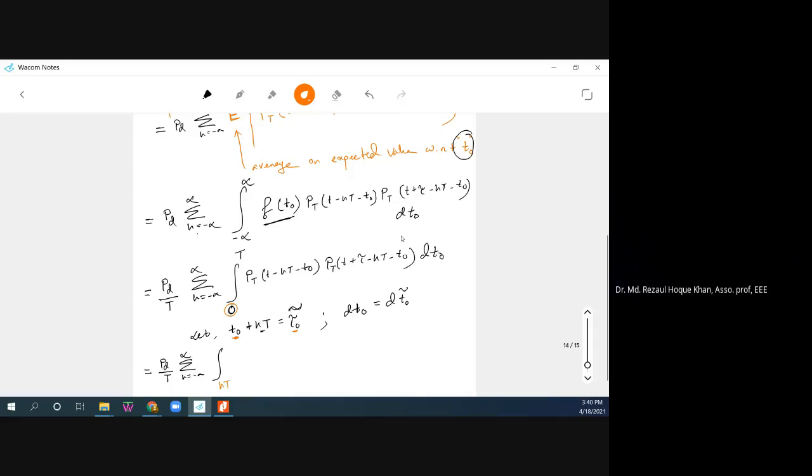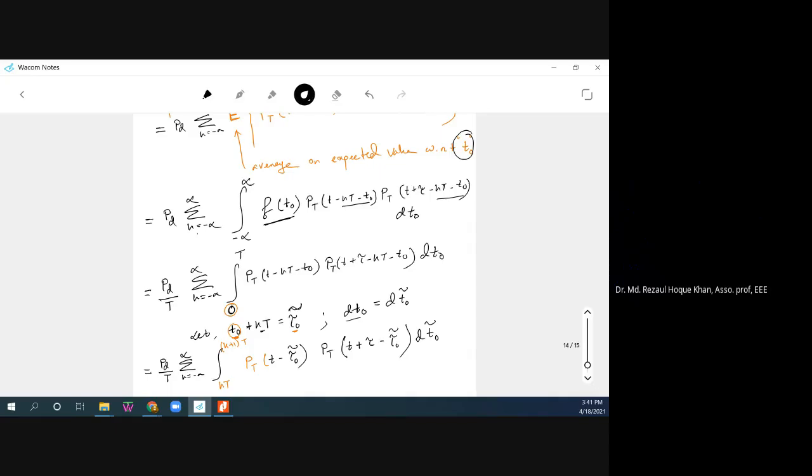For t0 equal to T, it will be (k plus 1)T. That's how our limits change. So t minus kT minus t0 becomes t minus t0 tilde, p(t plus tau minus t0 tilde), and dt0 is dt0 tilde.